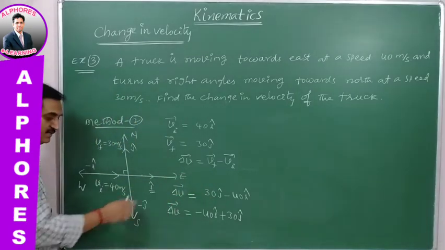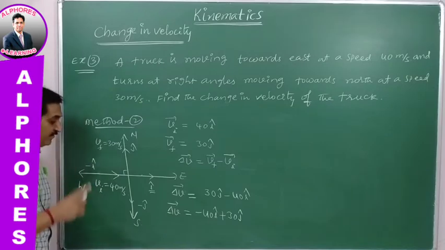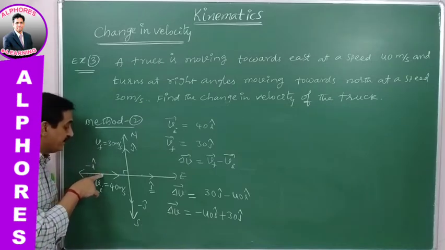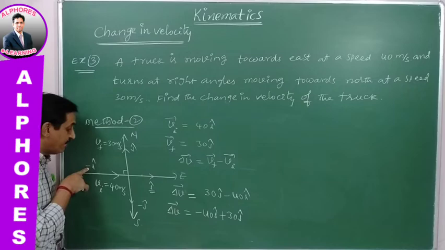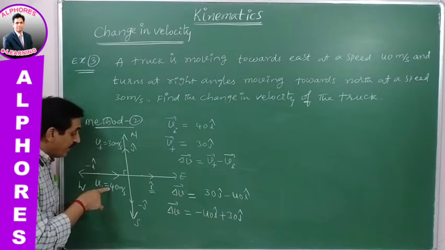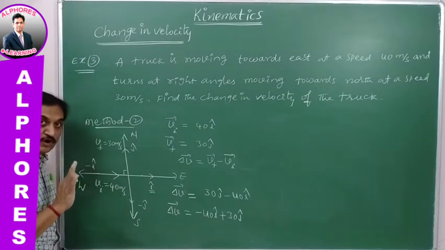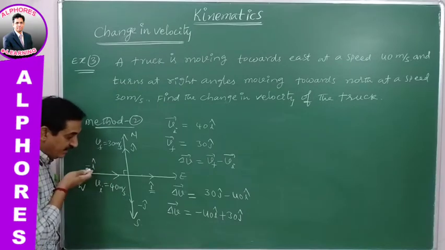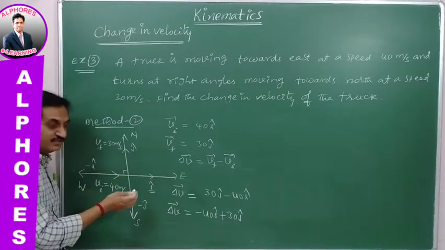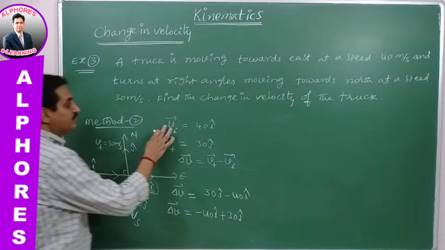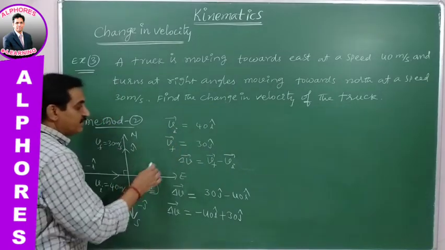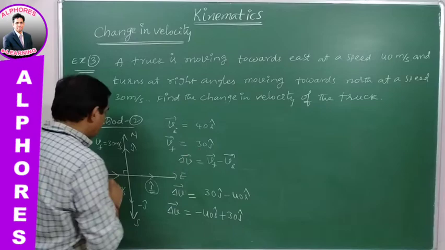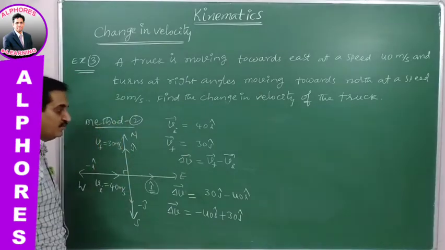Therefore, we consider i cap. Physically it is shown on this axis, but actually it is moving towards this direction. Therefore, Vi is 40i cap. V final is 30j, northward.